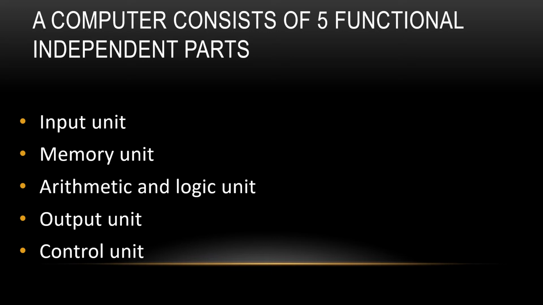The output unit can be anything like a printer or any output device. Then all these actions are coordinated by the control unit. So the control unit is the main unit which will control all these actions. And the interconnection network provides the means for functional units to exchange information and coordinate their actions.